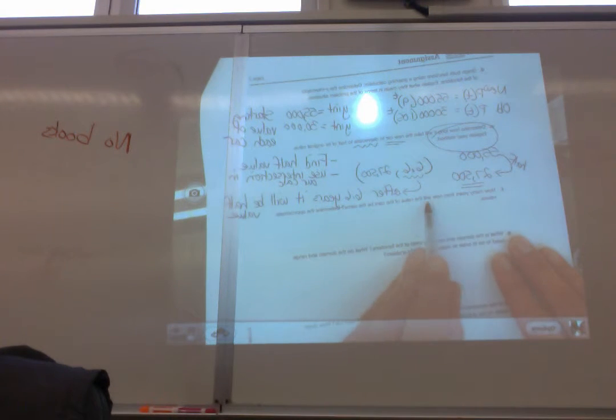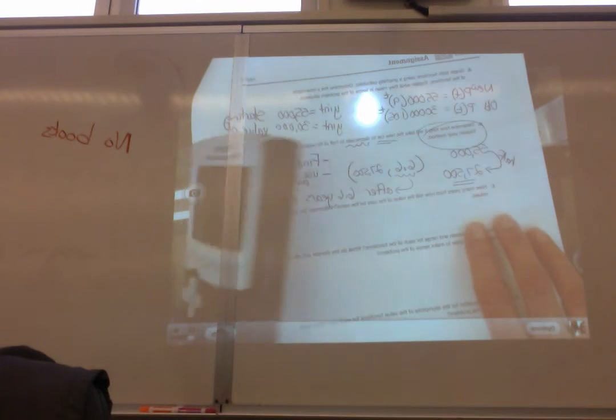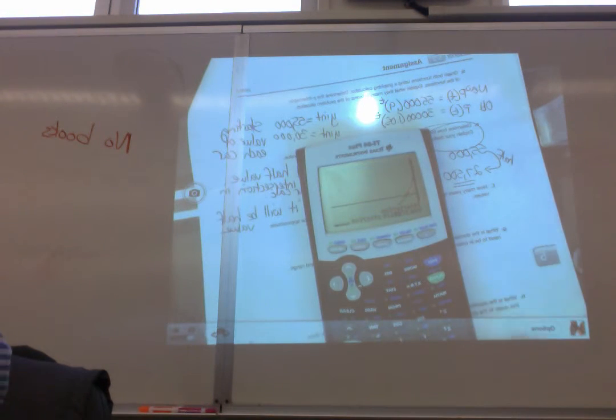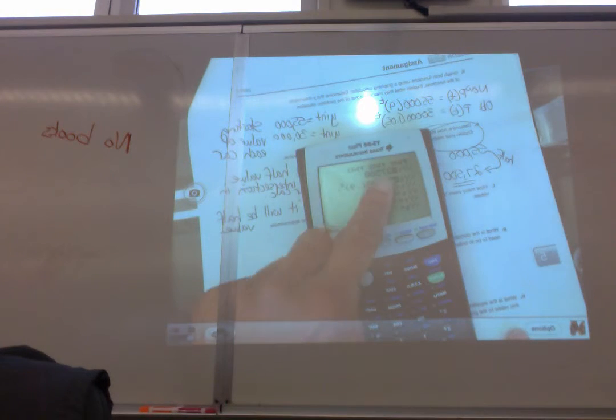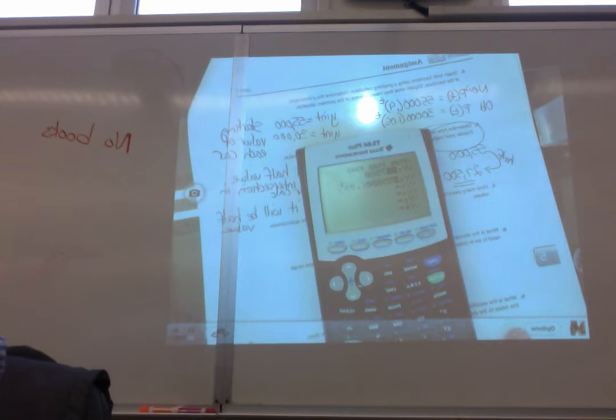How many years from now will the value of the cars be the same? All right. We're going to have to do intersect again, but I got to go back to y equals, get rid of the 27,000 and put in the other function's equation again.